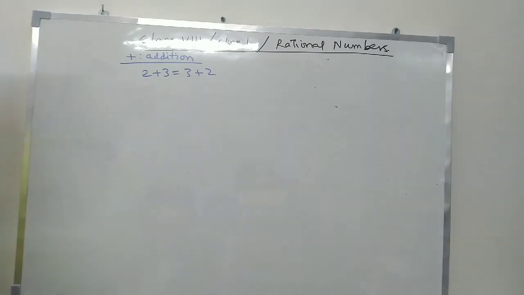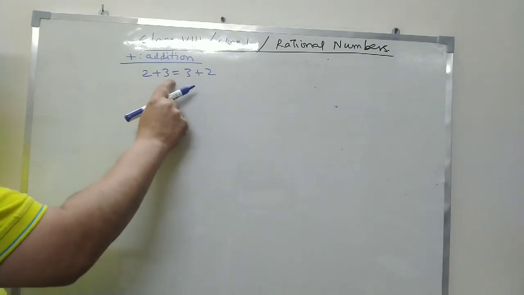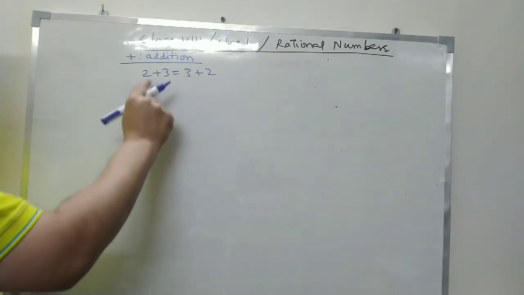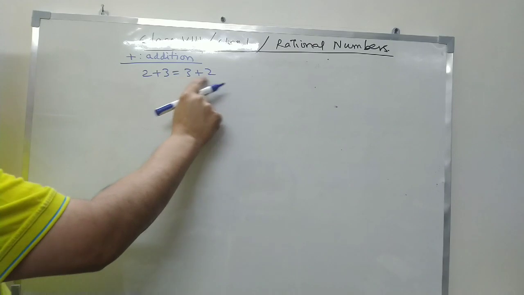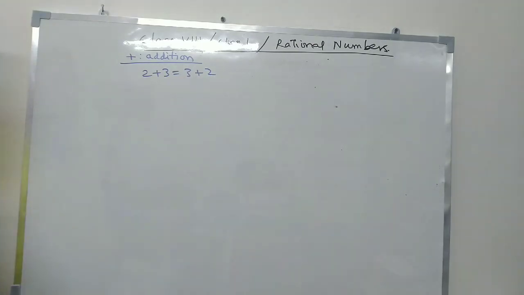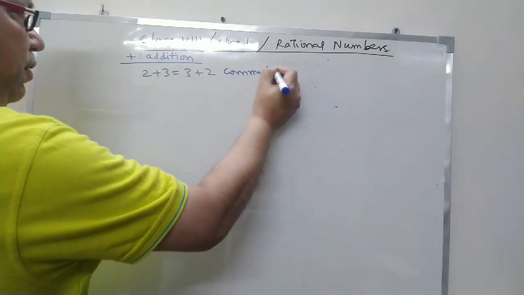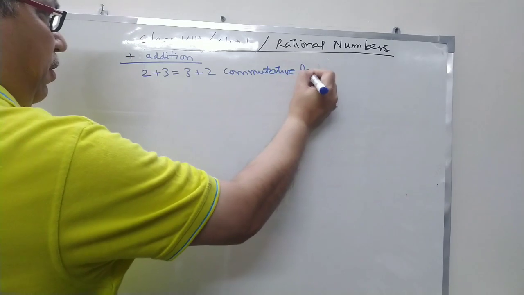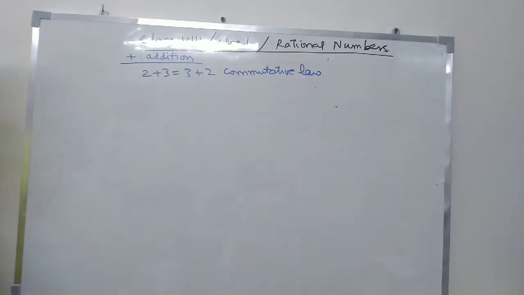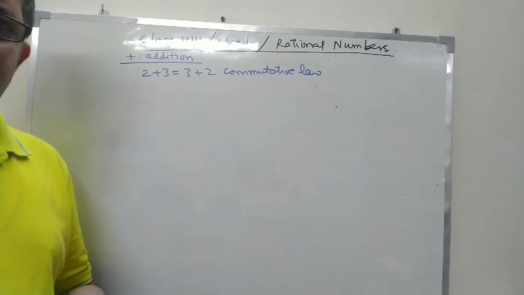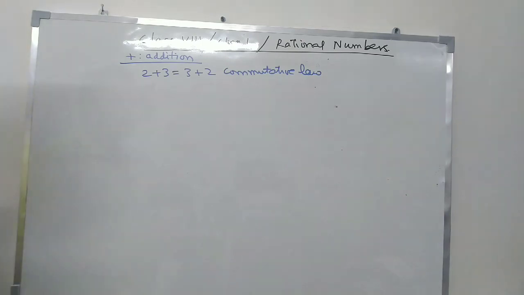In the same way, these numbers have commuted their positions, exchanged their positions. So of course 2 plus 3 is same as 3 plus 2. So we say that this is commutative law, or commutative property, whatever you like to call it.